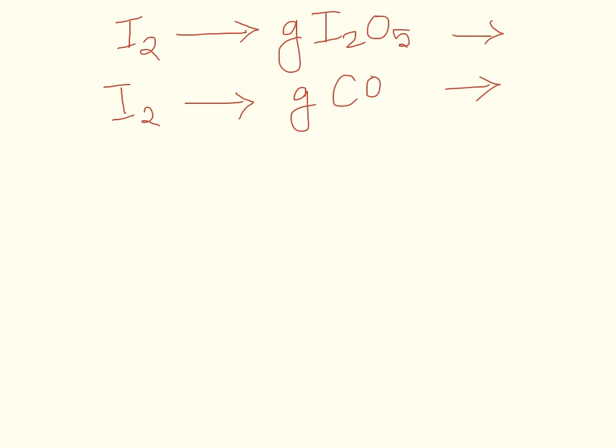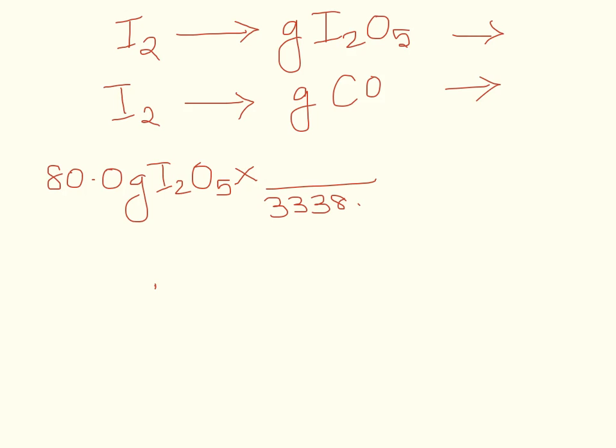You've been given 80 grams of I2O5. When we calculate the molecular weight of I2O5, it turns out to be 333.8 grams per mole.